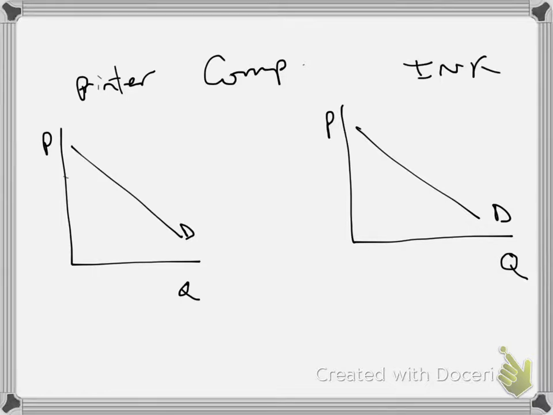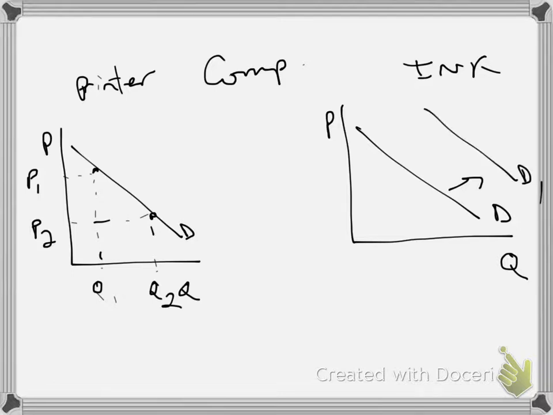Classic technique. They lower the price on the printer. From P to P1, quantity demanded of printers increases, and what does that do to the demand for ink? You need the ink, so the demand increases.